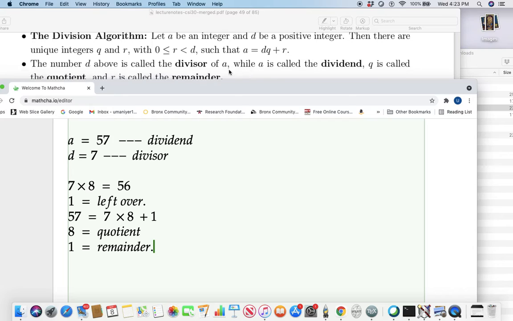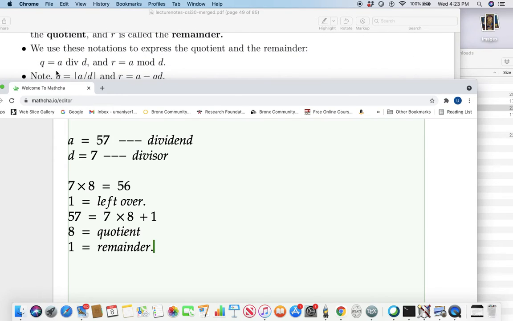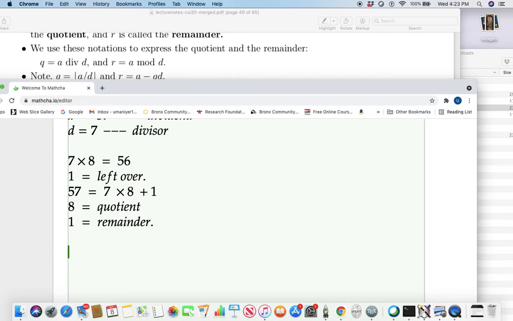All right. Here are notations. Remainder is denoted by A mod D. Okay. So Q is A divided by D. So this is called floor division.